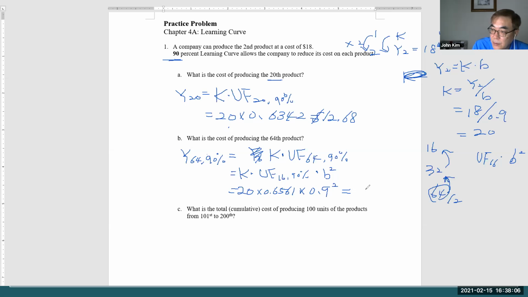That will be 20 times 0.5314 equals 10.638, so approximately 10.63.